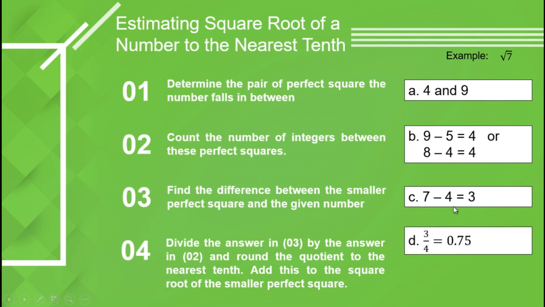So 3 divided by 4 is 0.75. Letter E, square root of 4 is 2. 2 plus 0.75, which we rounded off to 0.8 because the next digit is 5. So that is 2.8. Our lesson is all about rounding off to the nearest tenth, which means we use one decimal place.